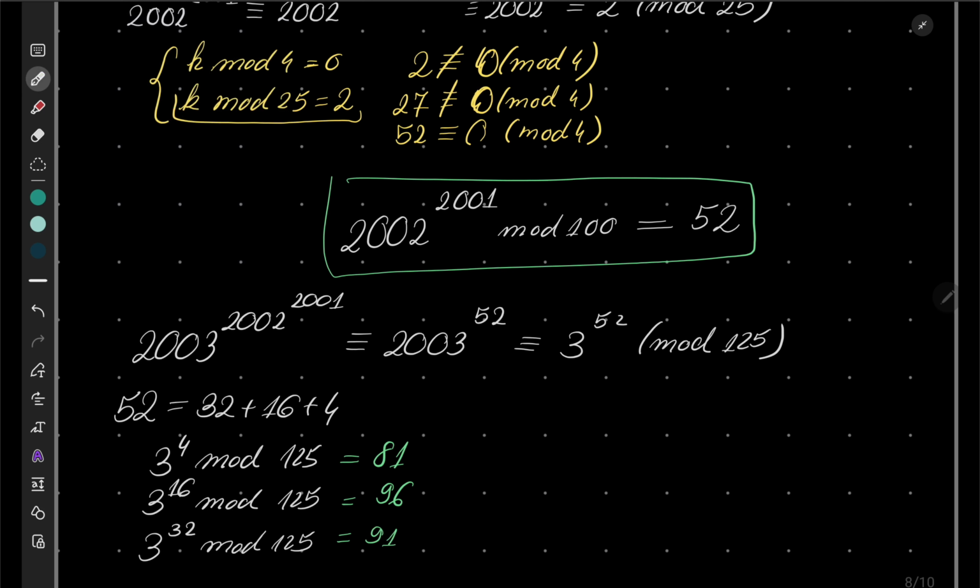So 3 to the power 52 is congruent to 81 times 96 times 91 modulo 125, and again it's easy to simplify but boring to get that this product is congruent to 116 modulo 125. Amazing in some way.